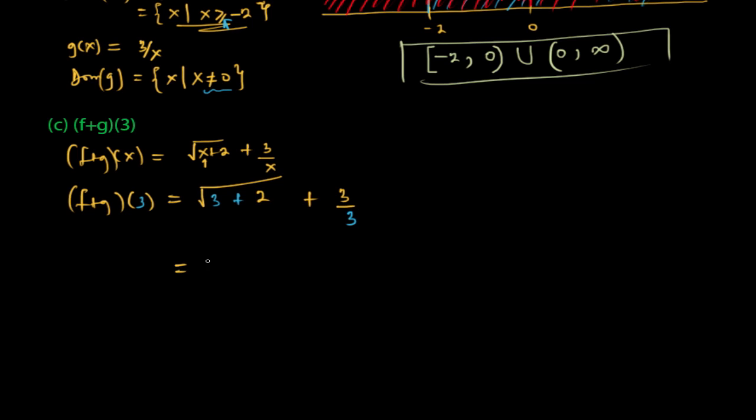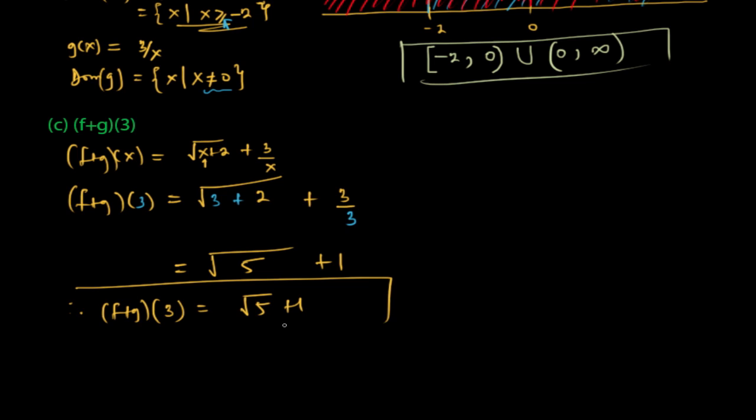This gives us the root of 3 plus 2, which is 5, plus 3 divided by 3, which is 1. Therefore your f plus g of 3 equals the root of 5 plus 1. So this is the solution of the problem, and that completes the whole problem. Thank you.